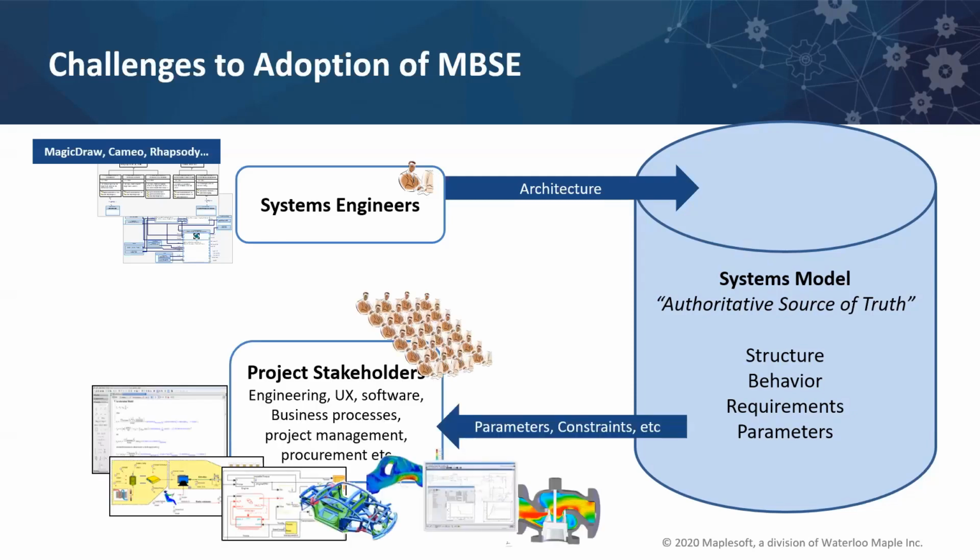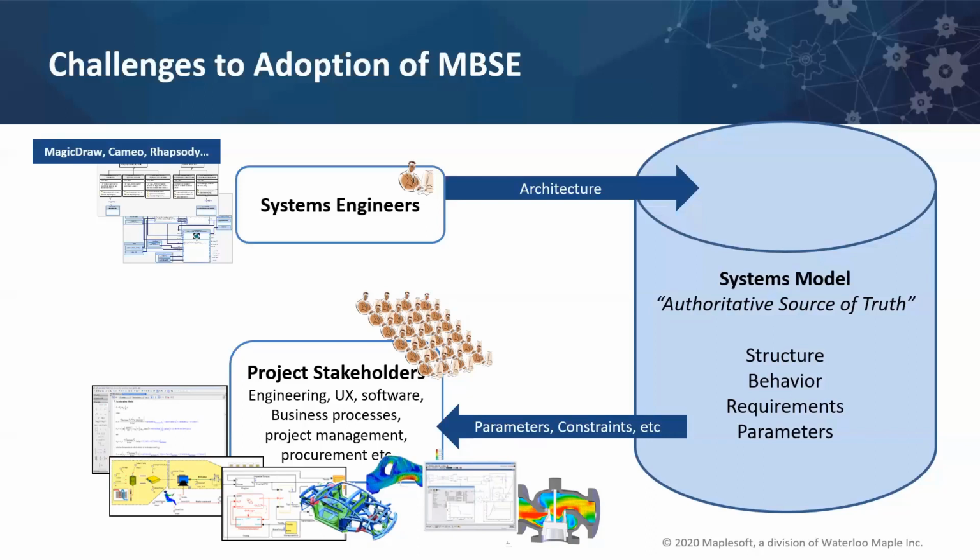One of the main challenges here is how these system engineers can bring in different project stakeholders. The project stakeholders here are the safety engineers, they could be the program managers, the requirements managing engineers, or the design engineers.